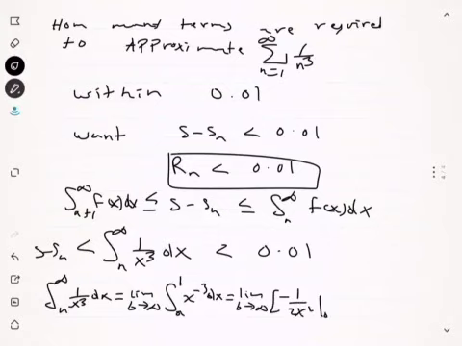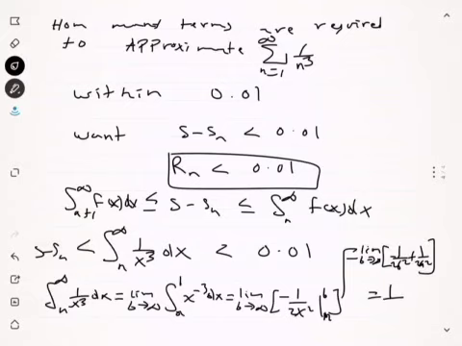So from n to b, this is equals to the limit as b approaches infinity of minus 1 over 2b squared plus 1 over 2n squared. So this is 1 over 2n squared. So basically you want 1 over 2n squared to be less than 0.01, and then you just solve for n.